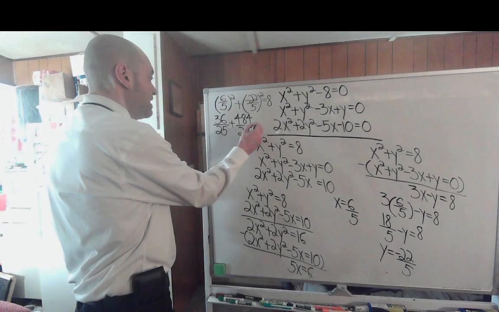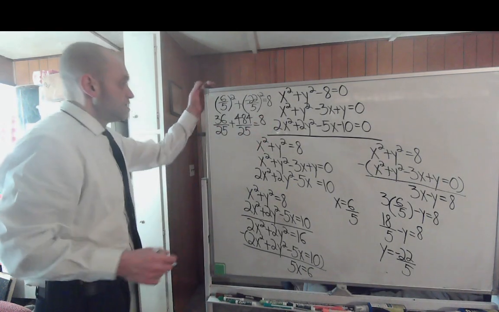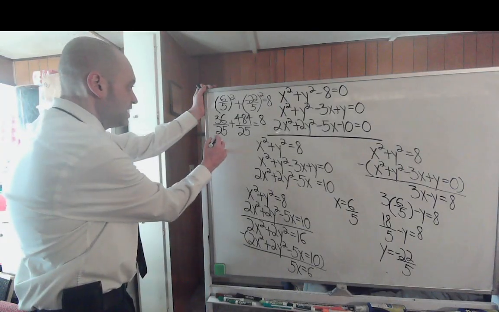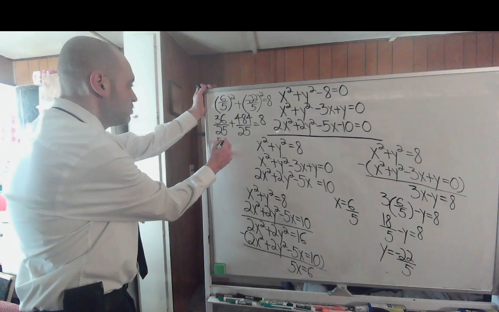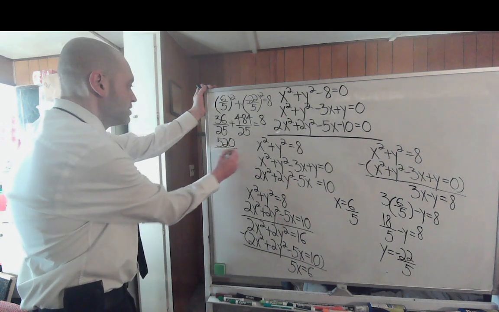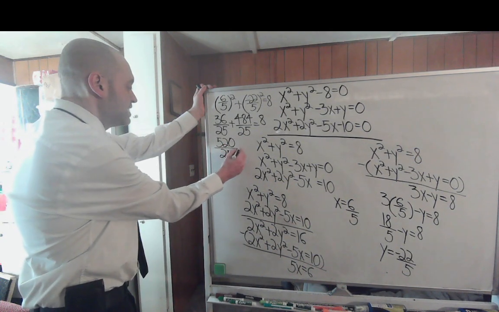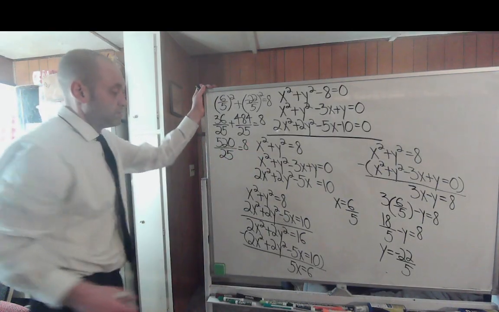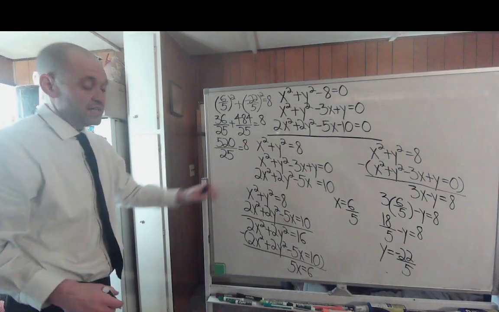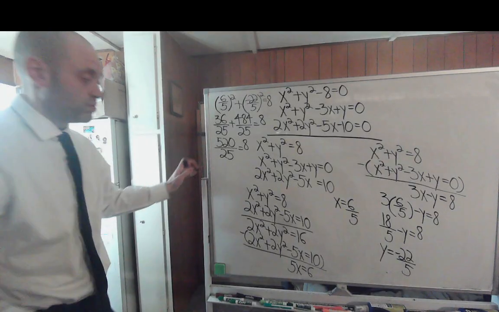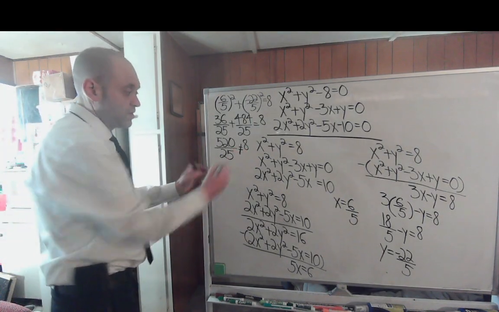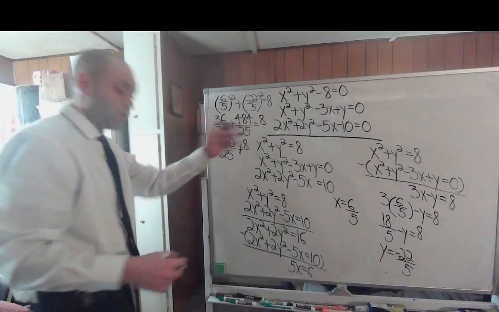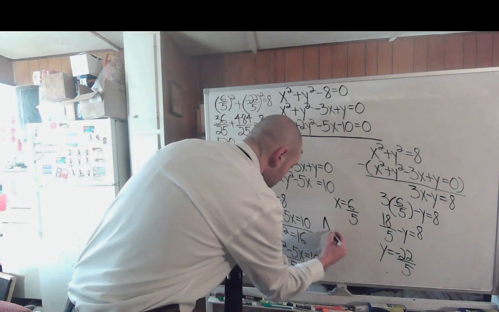That'd be saying that equals 8. 484 plus 36 is 520, so that'd be saying then 520 over 25 equals 8. Well, it definitely doesn't, because 200 over 25 equals 8. So they're not equal. So in other words, you also have no solution to this one.